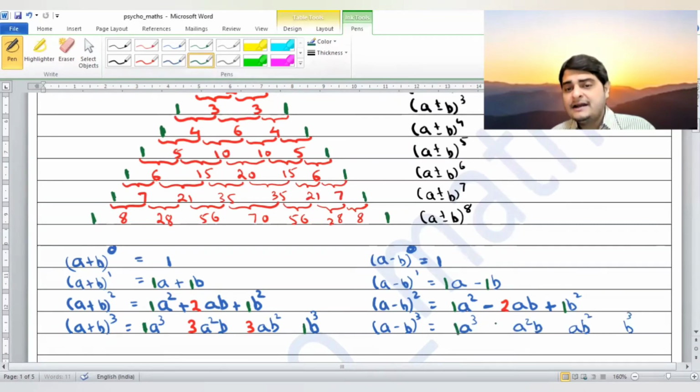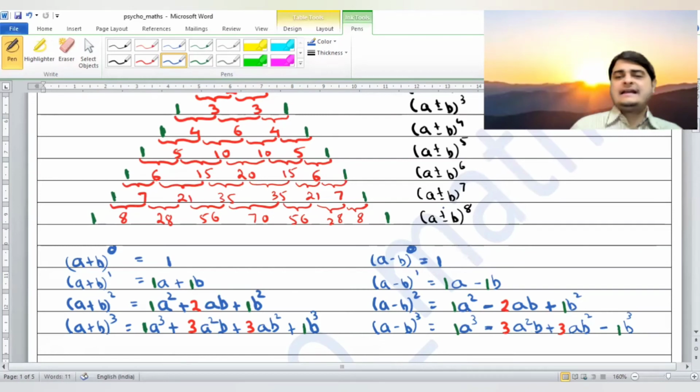Not even that, the coefficients are also the same. See, it is 1, 3, 3 and 1. But since here it is a plus b, all signs will be positive. But in the next, when it is a minus b, the first term is positive, second is negative, third is positive, and fourth is again negative.